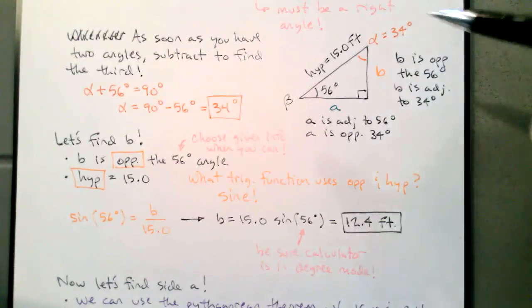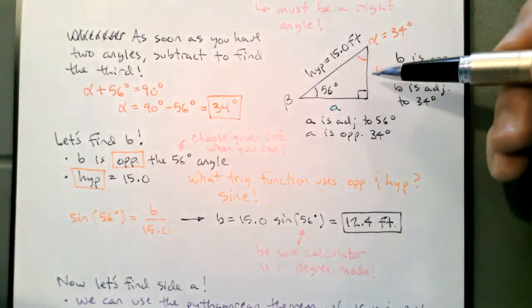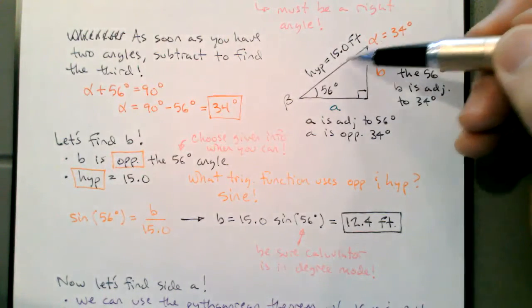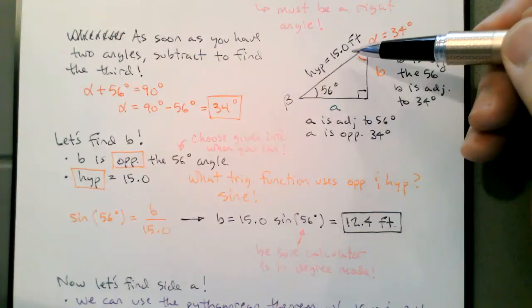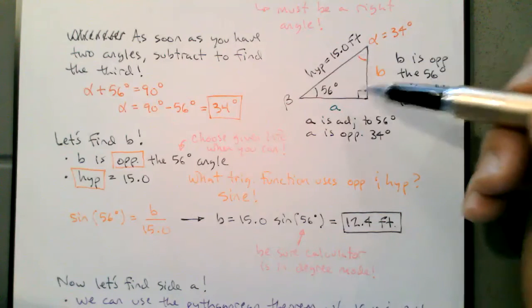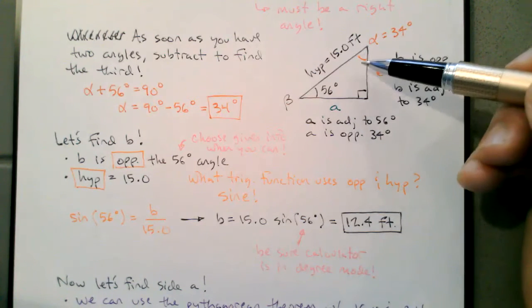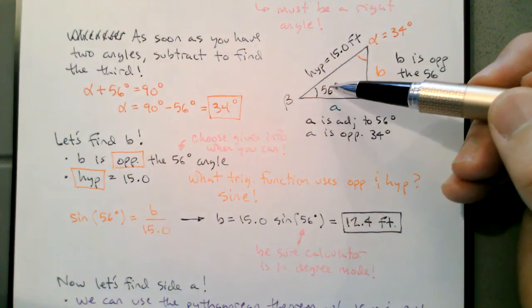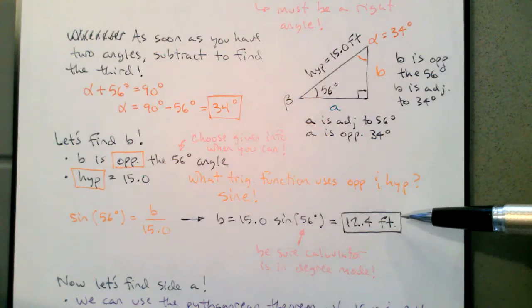But notice that the biggest angle in a right triangle is going to be the right angle, and the hypotenuse of 15 is the biggest of the 3 sides we have. Then we have a 56-degree angle and a 34-degree angle. 56 is the middle angle, and it is opposite the middle side at 12.4.